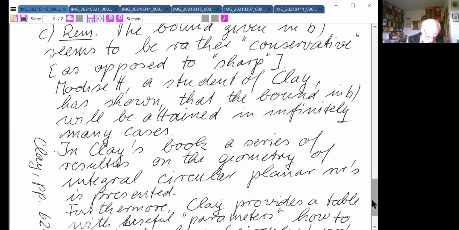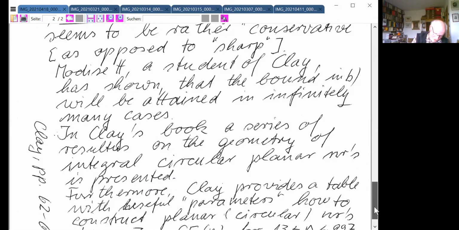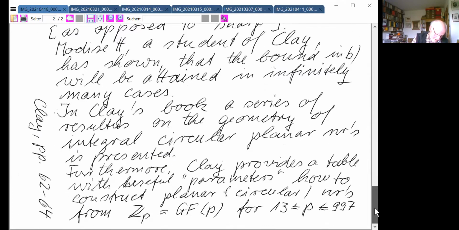In Clay's book a series of results on the geometry of integral circular planar near-rings is presented under the headline Geometry of Circular Planar Near-rings. But this is a kind of geometry which has not much to do with geometry in the usual sense.